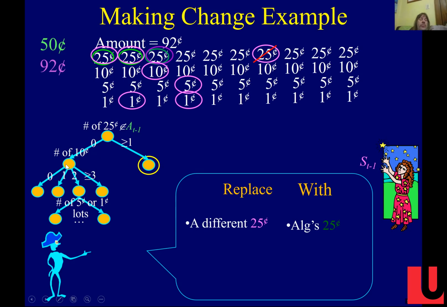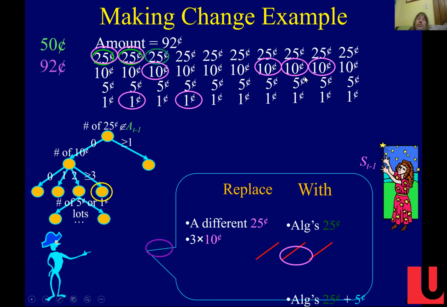So now let's go over to the cases we haven't considered yet, which is when she has no quarters, right? So down here is a place where she has no quarters, but she has at least 3 dimes. If she has at least 3 dimes, we can tell her to drop those dimes and take instead the quarter that the algorithm has, but then it won't add up to 92 cents, right?